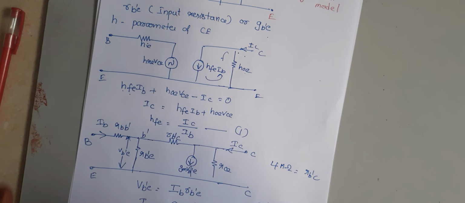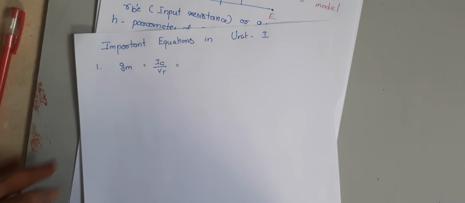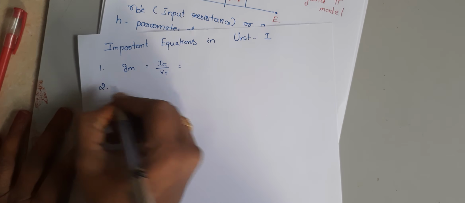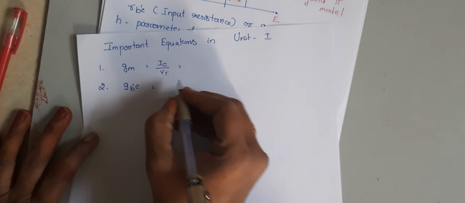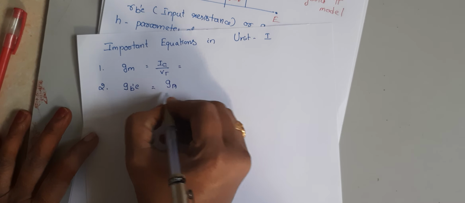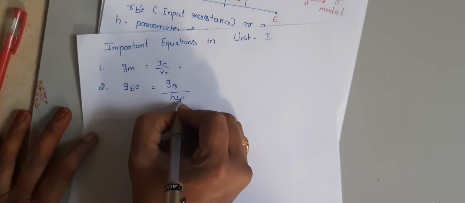This is the derivation part for the input conductance GB'E. So the second important equation from unit 2 is GB'E is equal to Gm by HFE. Okay.